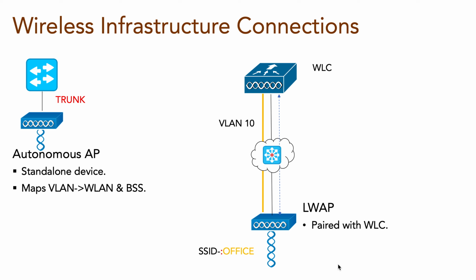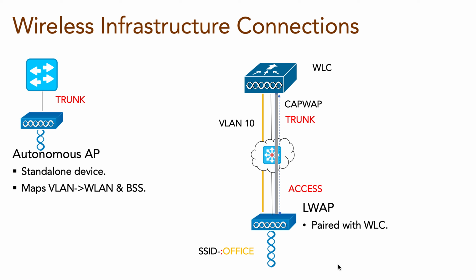Here multiple VLANs are being extended from the WLC to the access point through the LAN switch. The link between the WLC and the switch is configured as a trunk, and the link between the switch and the AP is configured as an access link. Traffic between the WLC and the access point is carried over the CAPWAP tunnel.